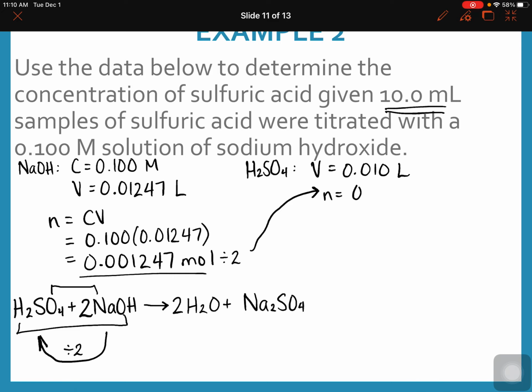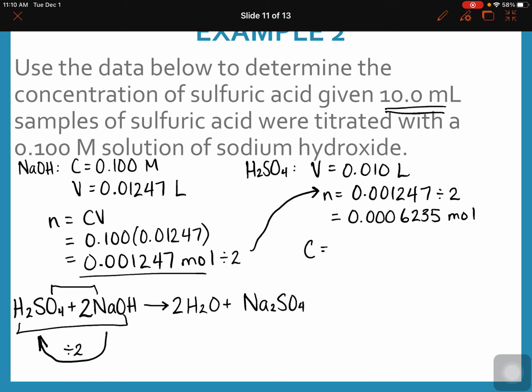So I have 0.001247 divided by 2 is equal to 0.006235 moles of sulfuric acid.